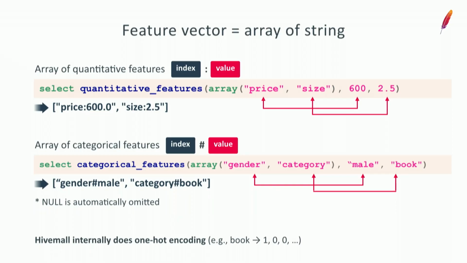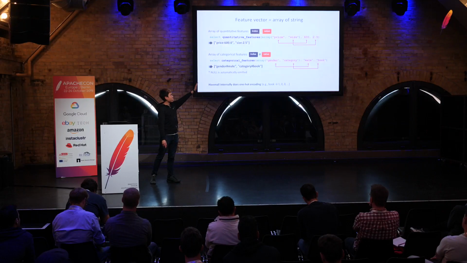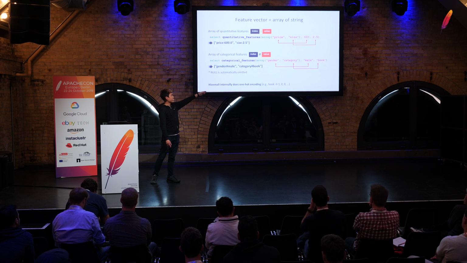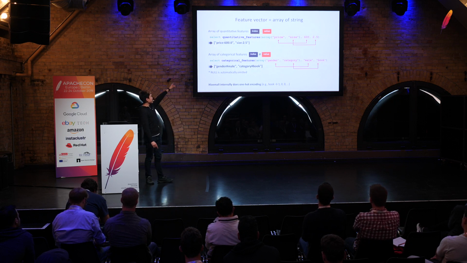That's the categorical feature. For these two kinds of features, Hivemall provides special functions named quantitative_features and categorical_features. You simply pass the name of a feature and the corresponding column name or value itself to the second and third arguments, and eventually you get an array of strings, which is the feature vector.